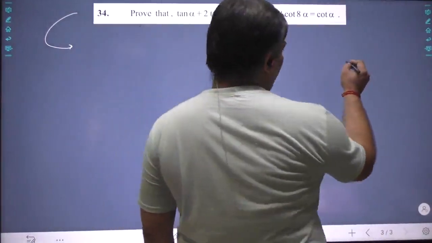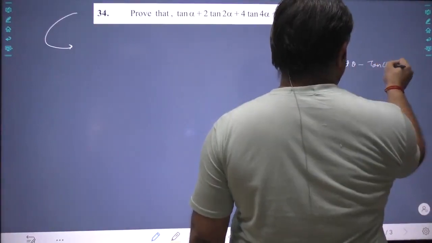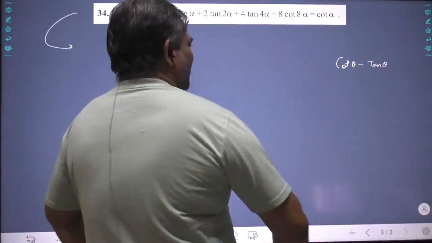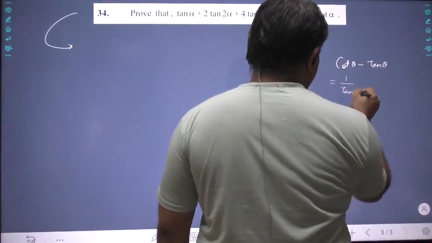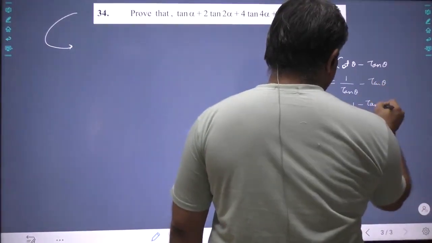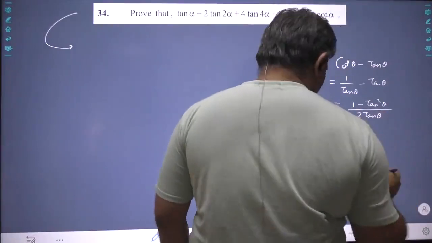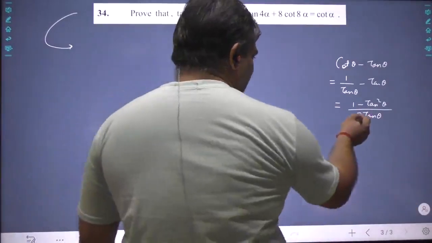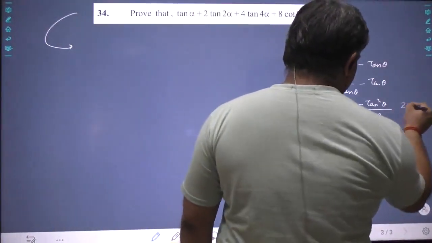Let me derive a formula for cot theta minus tan theta. Cot theta minus tan theta. So I can write it down 1 by tan theta minus tan theta, so 1 minus tan square theta upon tan theta, and I will multiply and divide by 2.